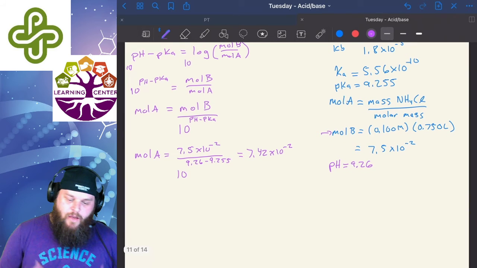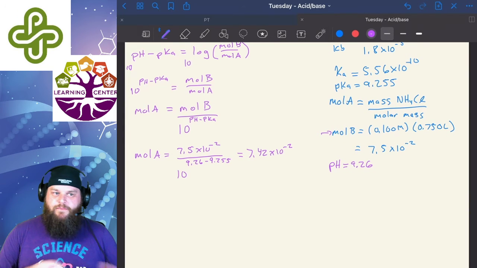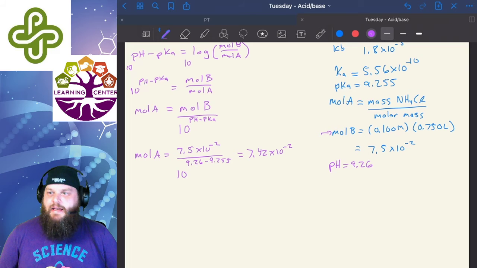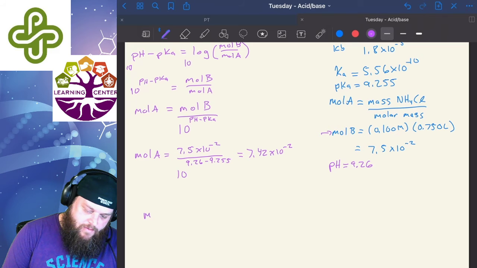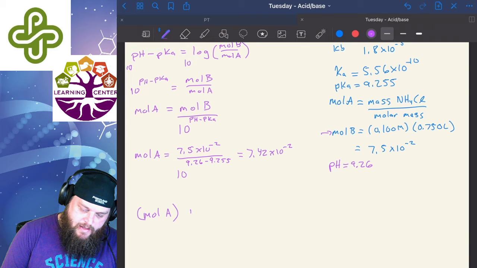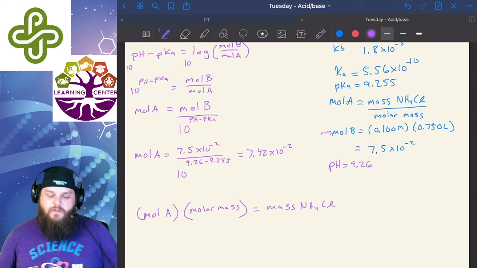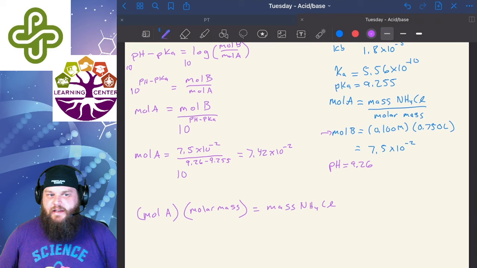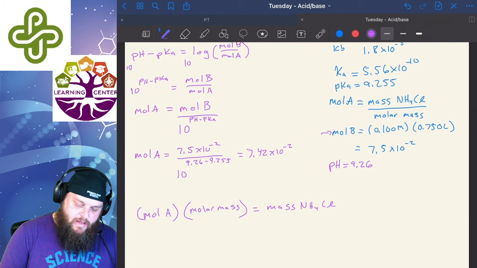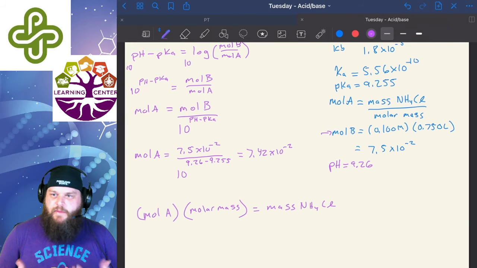Now that we know how many moles of the acid we have, we can determine what the mass is. Again, if we have the mole of acid, we can multiply that by its molar mass to get the mass of, in this case, NH4Cl. The molar mass of NH4Cl, ammonium chloride, is really going to be the summation of all the atomic masses.